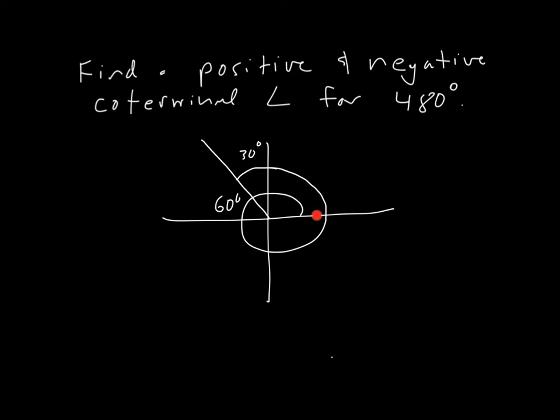So 360 plus the 90 was 450 plus another 30 was 480. So this right here is 480. All you've got to do to find a coterminal angle is just add 360 again to wherever you're at. Because if I add 360 from here, it goes right back to here again.